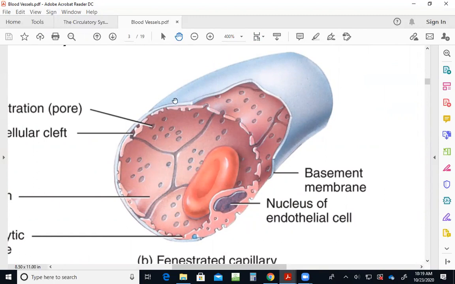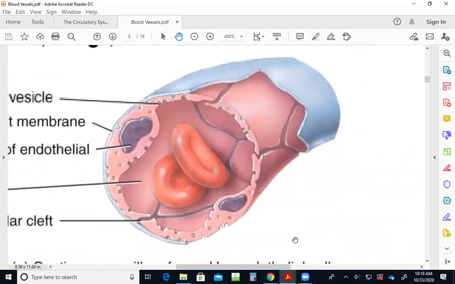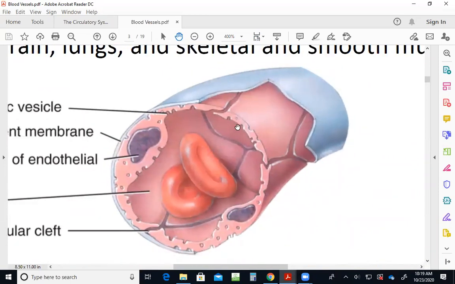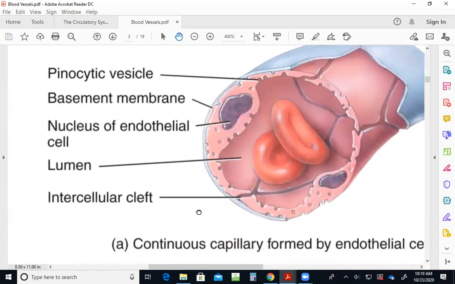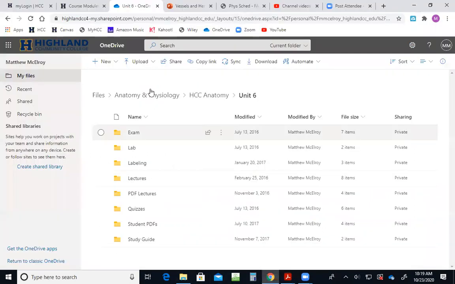We don't have a lot of these in a lot of places, but we do have them in places like our small intestine and our kidneys, where we're moving a lot of stuff either into the blood or out of the blood. Most of our capillaries look like this, where they don't have a bunch of holes or fenestrations in them, but there are these little clefts, little gaps that exist between the endothelial cells.